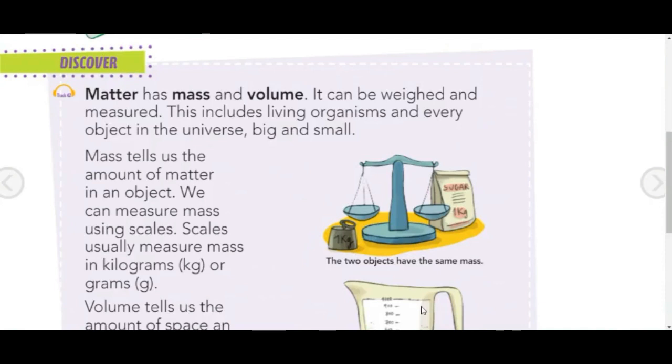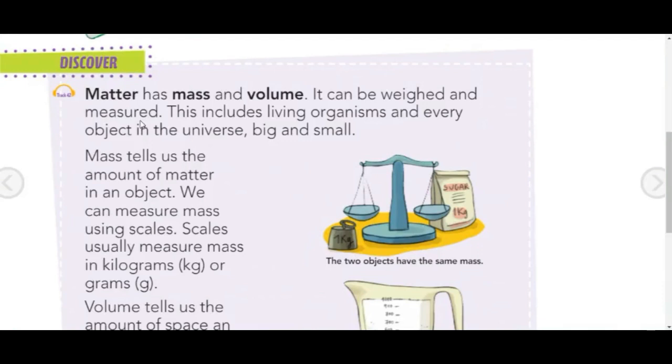But for example, imagine you are happy. Can you weigh or measure how happy you are? I don't think so. You cannot measure feelings. You cannot measure how happy or how sleepy you are.